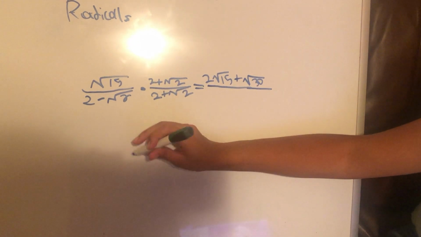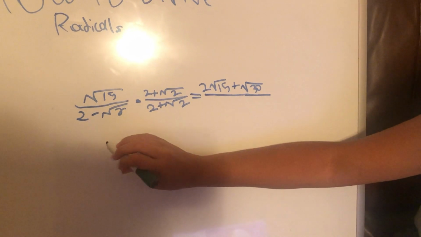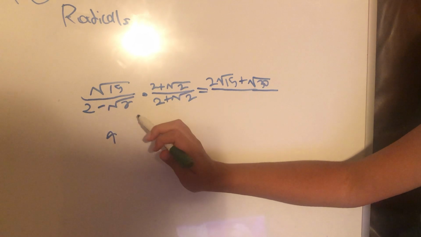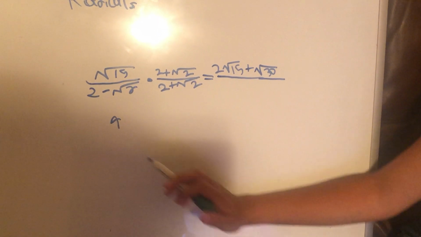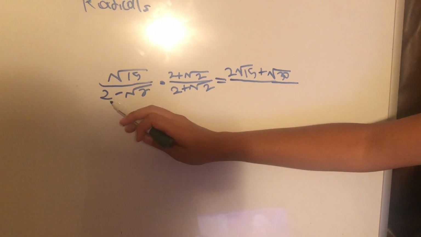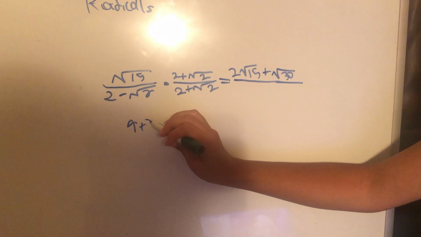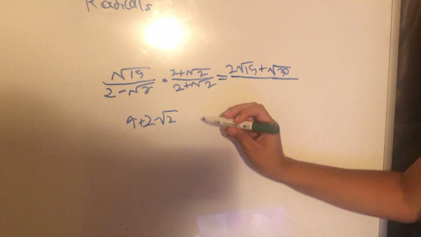And you would multiply the denominator as well. And so you would have 4, because 2 times 2 is 4. You would then multiply 2 times radical 2. So you would get 2 radical 2.